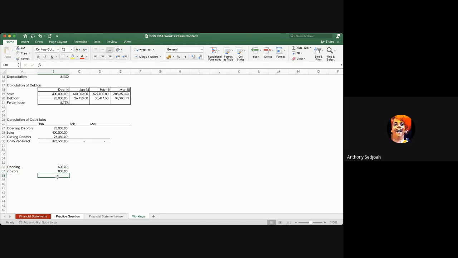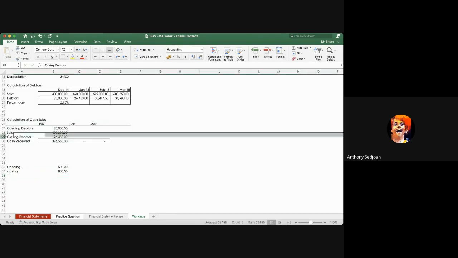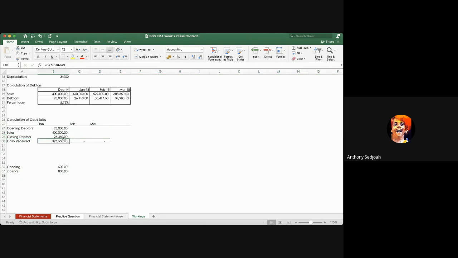Even in the current question we are solving, you see that the opening is 23,000 but the closing is 26,450. The closing is bigger. But per our calculations, we have received 396,000. It means within that same month, we sold 400,000 more in addition to the 23,000 that was already owing us.